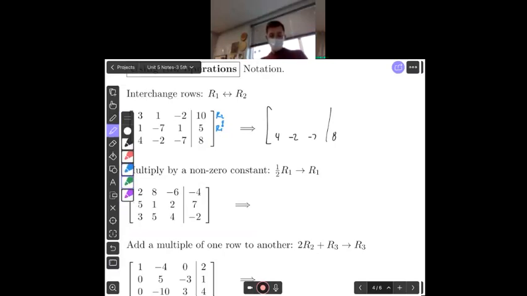Now I want to take this first row, and I want to get it here in the second row. So I'm switching that over. So that becomes 3, 1, -2, 10. And then take that second row, and that should become my new first row.